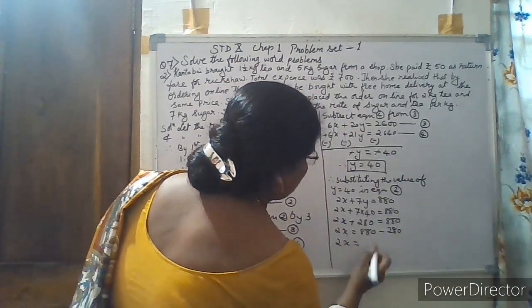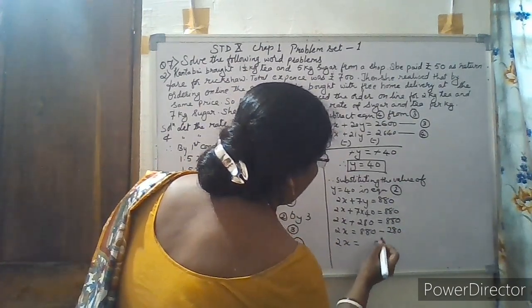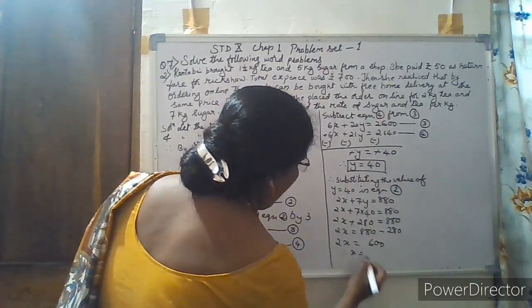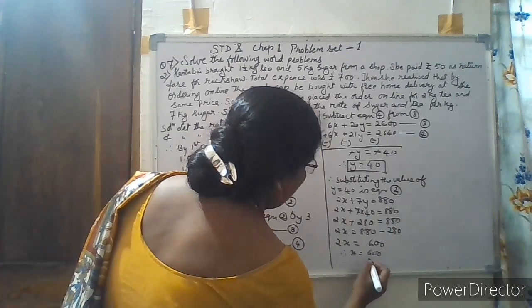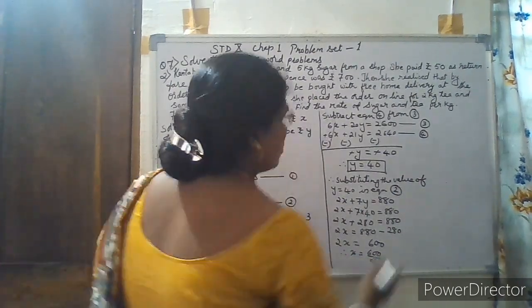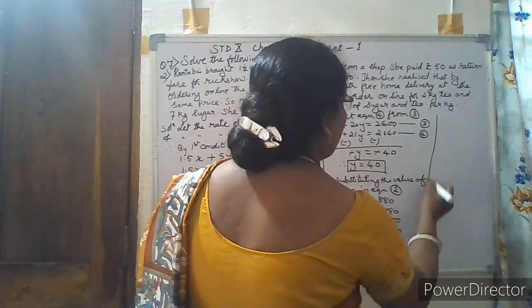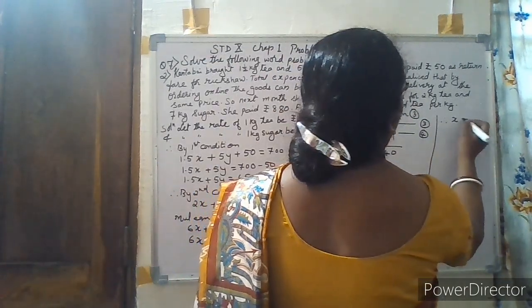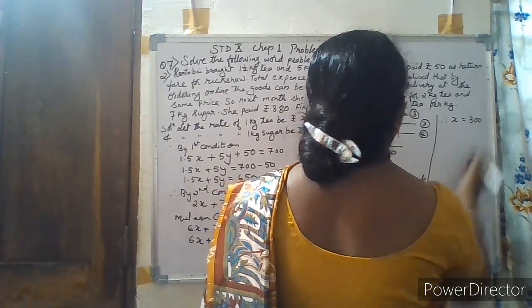So 2x is equal to 600. Therefore, x is equal to 600 divided by 2, therefore, x is equal to 300.